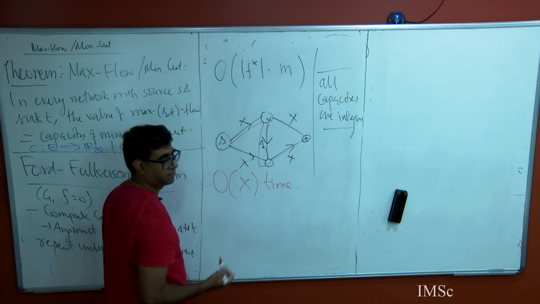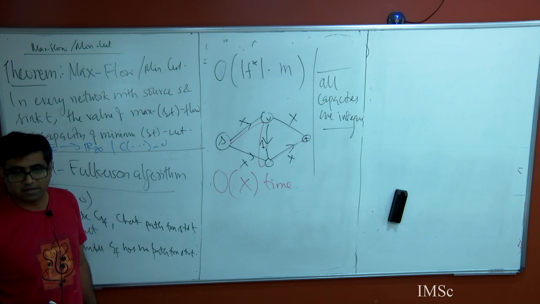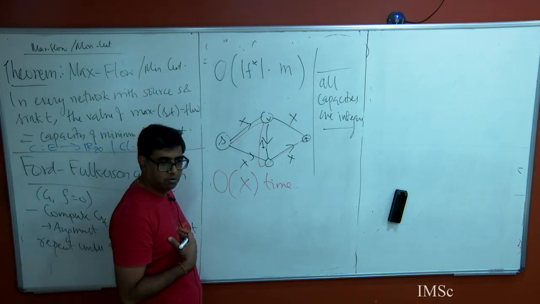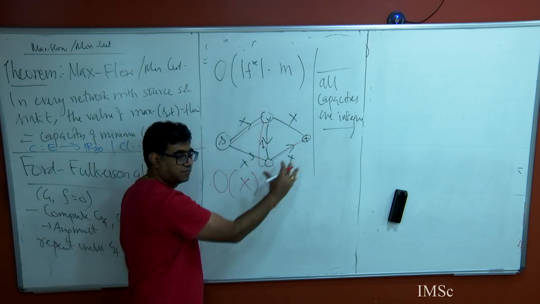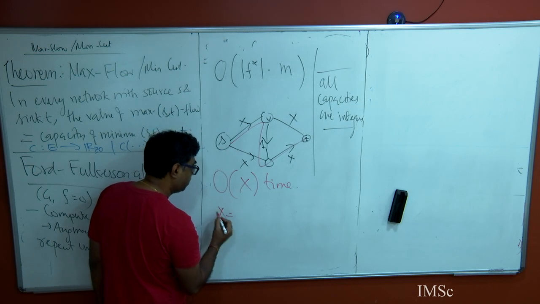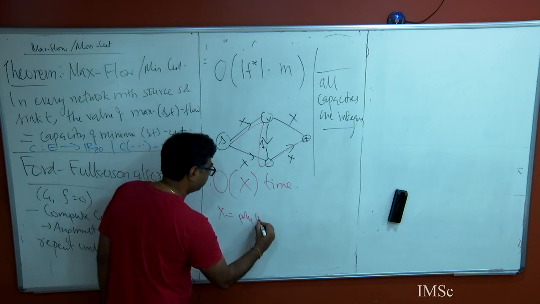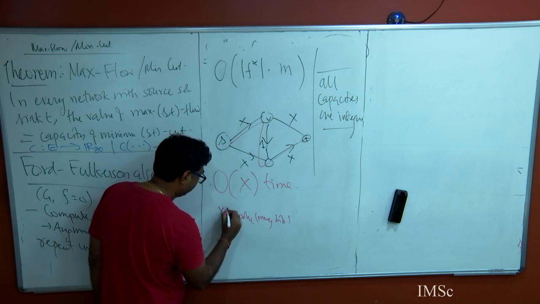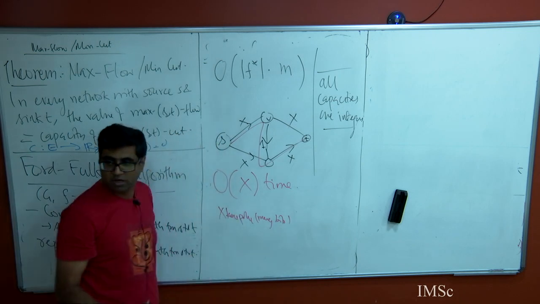order x time. But now notice that these are integers, but all we are worried about is that the size of the input is polynomial. So if x has polynomially many bits, what number can it store?